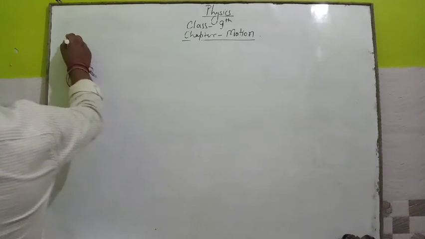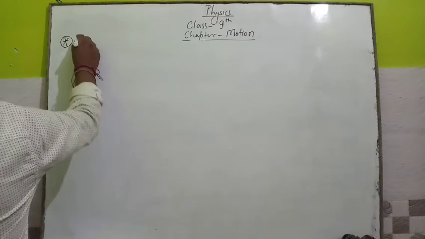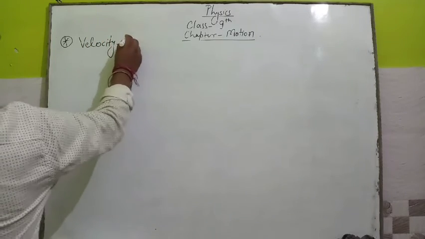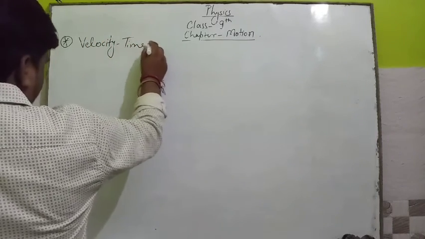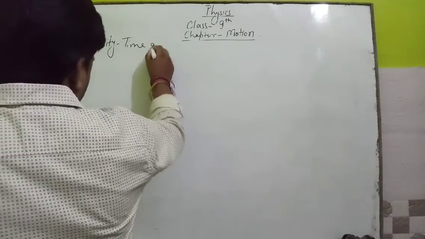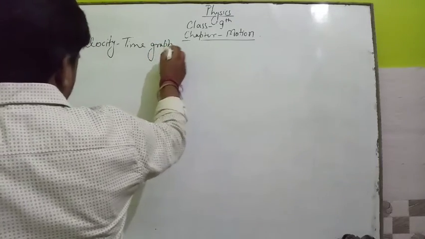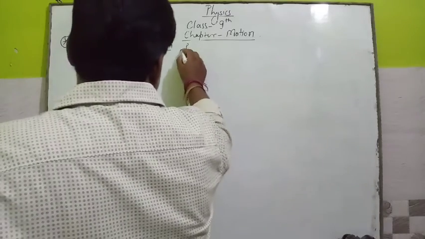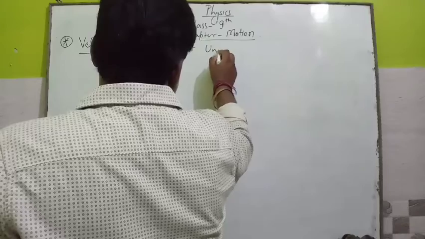First write: velocity-time graph, for uniform motion.